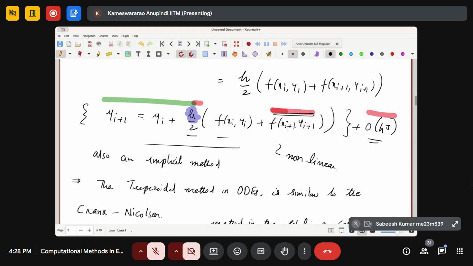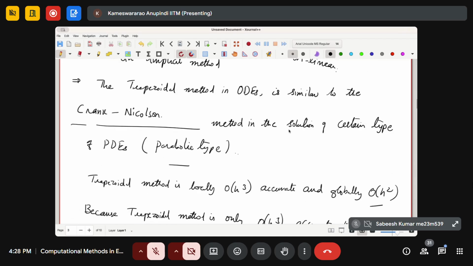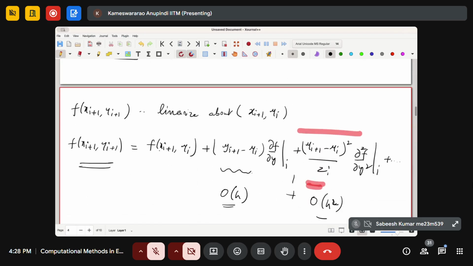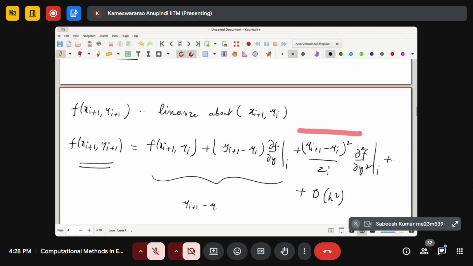But while doing so, when we expand f of x_{i+1}, y_{i+1} in the Taylor series about f of x_{i+1}, y_i, we noted that we have several terms: the first term, second term, and third term. But how many terms should I include? What I'm saying here is that we just need to include the first two terms, because after this the term is going to be order h square, because y_{i+1} minus y_i is order h. So as a result, this is order h square. Okay, so that is the truncation error.